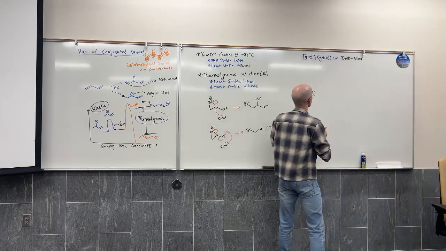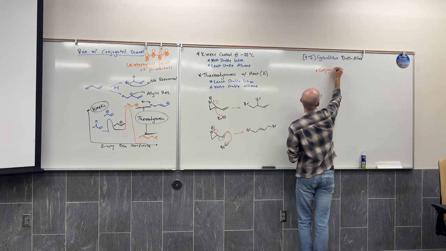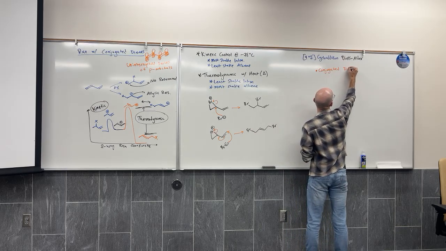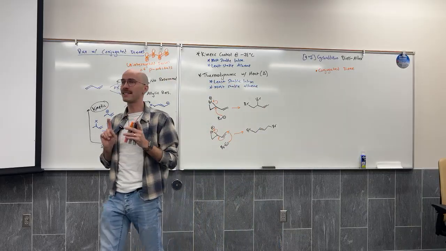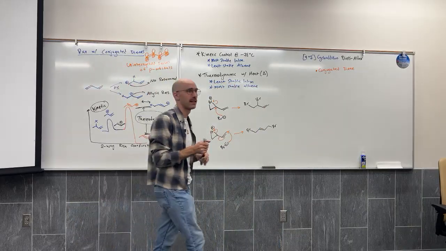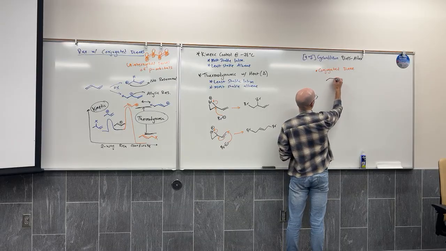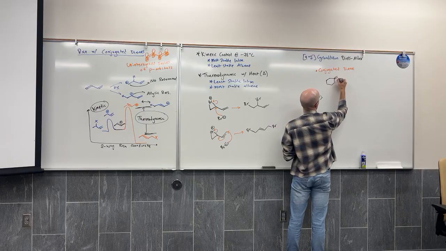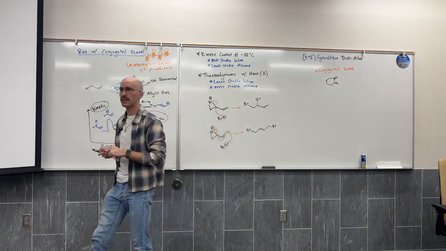There are two components. There is the conjugated diene, and the conjugated diene must have a specific orientation. I want you guys to take, for example, this conjugated diene.